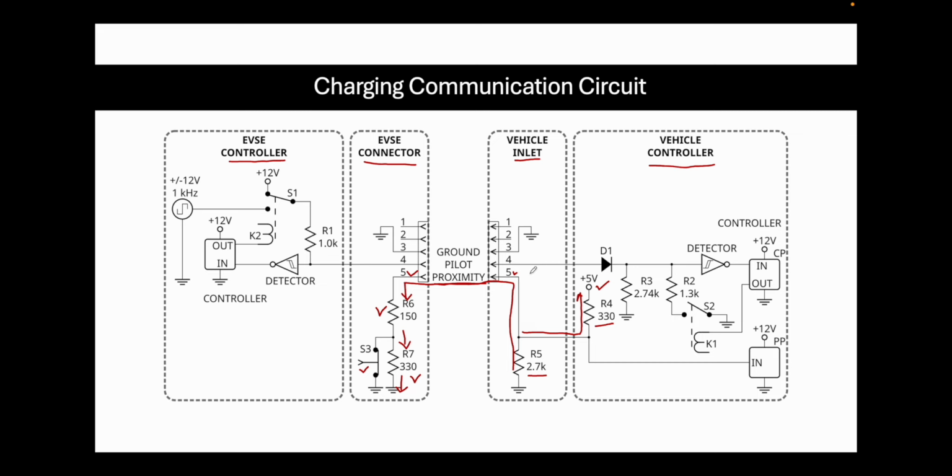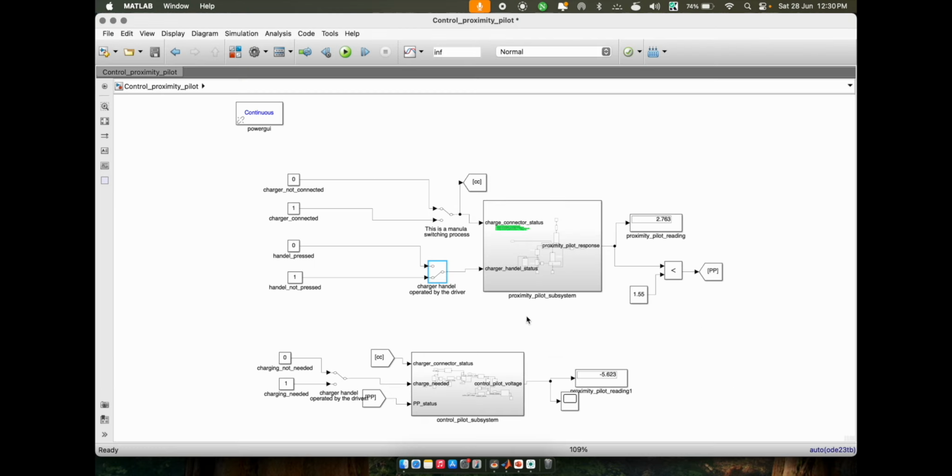Now let's jump into the model implementation for the same. We will be considering those elements which we just saw, and we will try to develop the proximity pilot model. If you see here, we have the proximity pilot model present, and we also have the control pilot model present here. First we will have a look into the implementation for the proximity pilot.